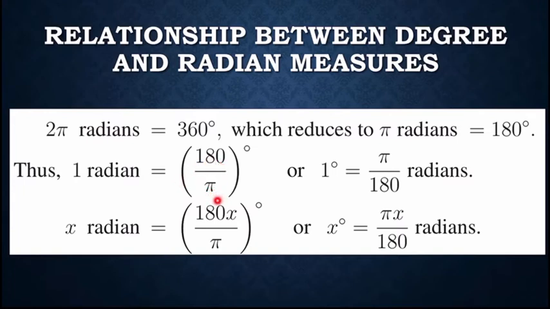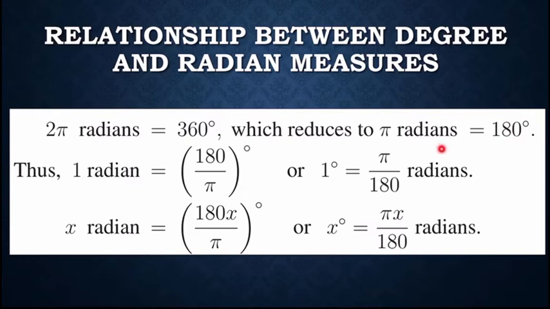As pi radians is equal to 180 degrees, we can write it as 180 degrees is equal to pi radians. So 1 degree is equal to pi divided by 180, both sides divided by 180.